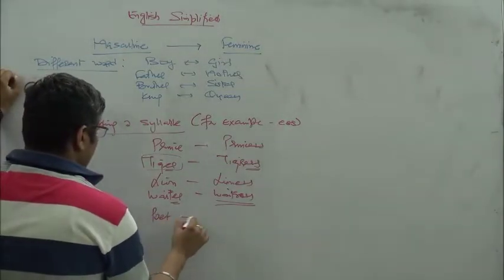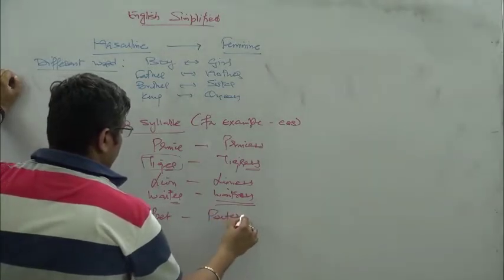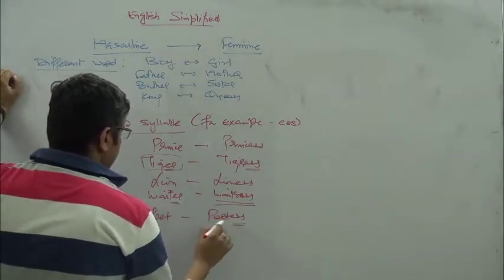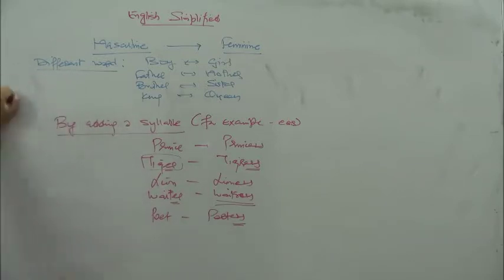Poet, poetess is the answer to that. So the way we are able to make this feminine gender available is by adding a syllable to that.